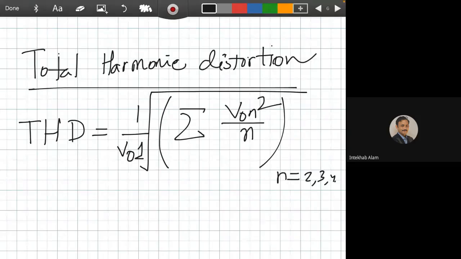Okay. So do you have any observation on this parameter, total harmonic distortion, how it will be calculated?